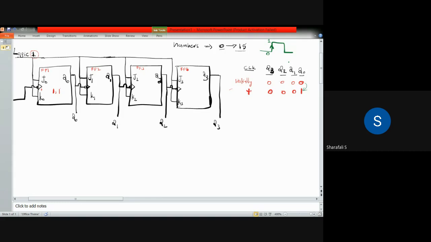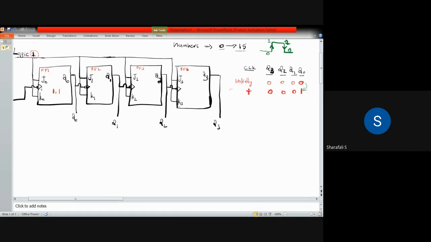Now, if you consider the second edge, that will be going from 1 to 0. If you consider this edge of the clock pulse, it is going from 1 to 0.